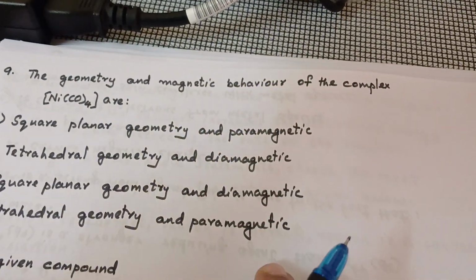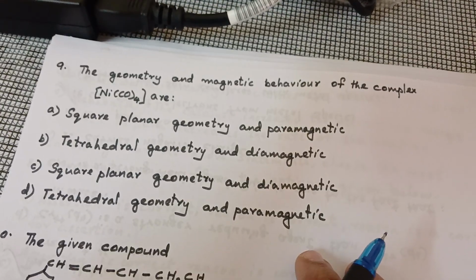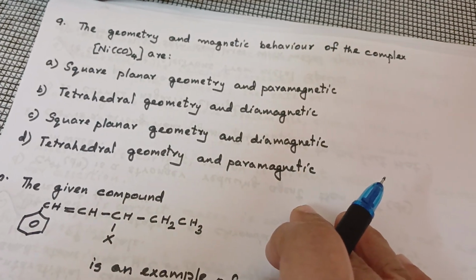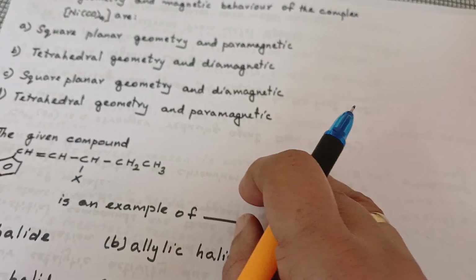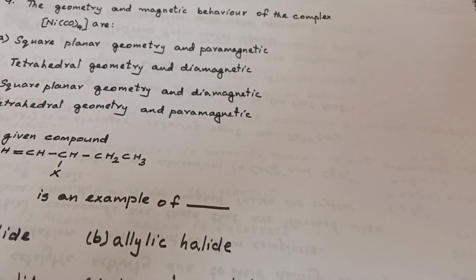Next is the geometry and magnetic behavior of the complex Ni(CO)4, that is nickel tetracarbonyl. The options are given to us.